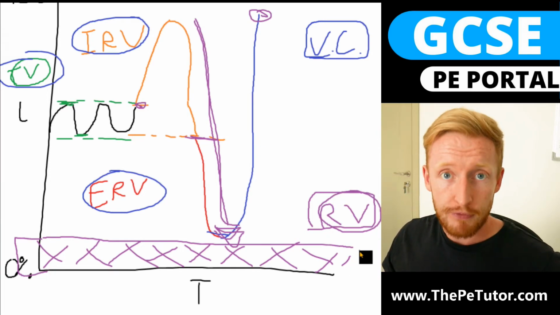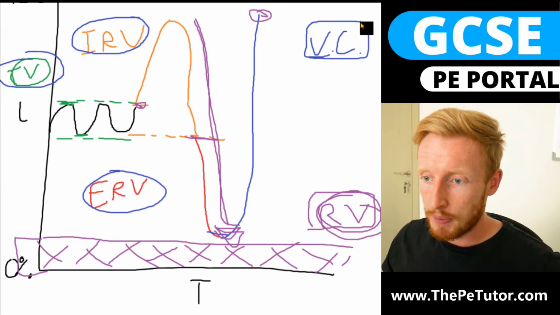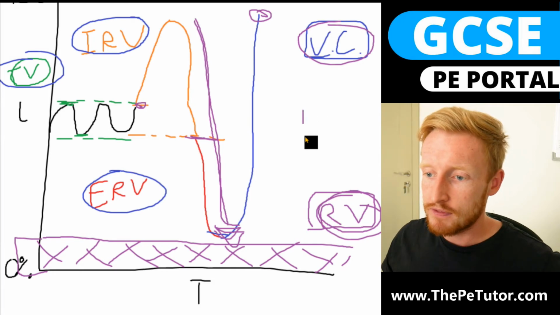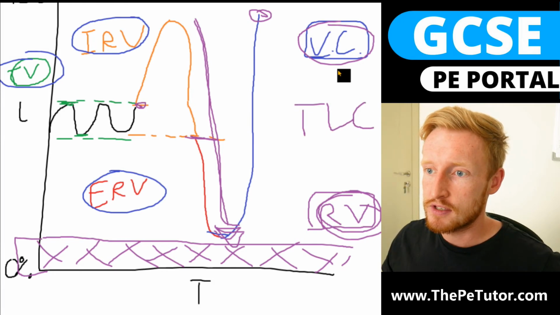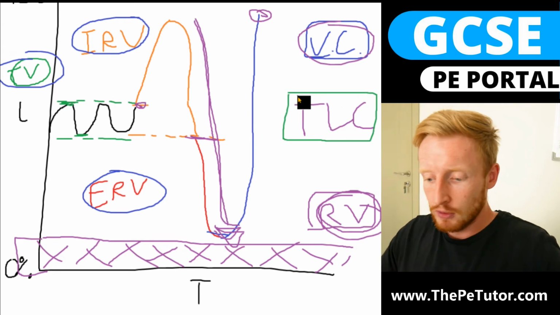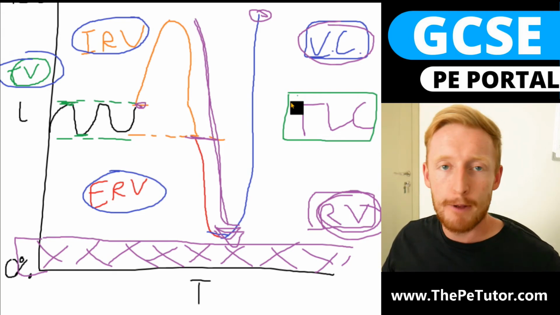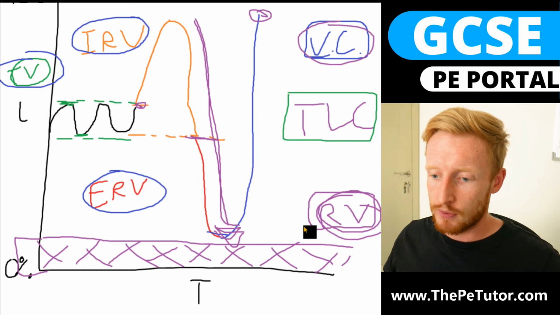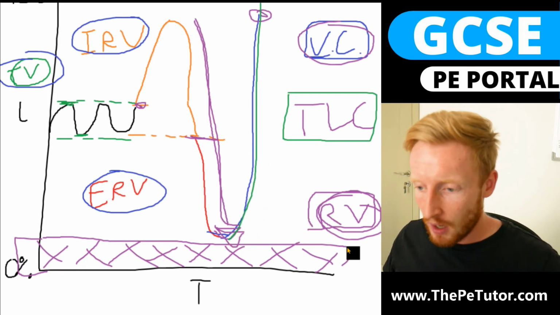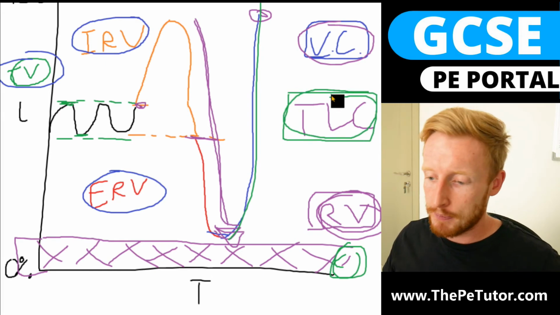So then the final thing that we do have is the residual volume plus our vital capacity gives us our TLC, our total lung capacity. This is the full amount, the full litres of air that we can fit inside of our lungs following a maximum inhalation. So we've got our maximum breath in plus what was already in there to start with gives us our total lung capacity.